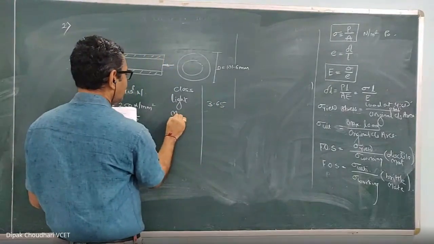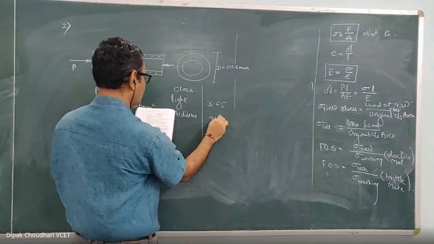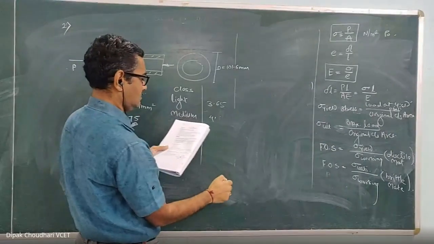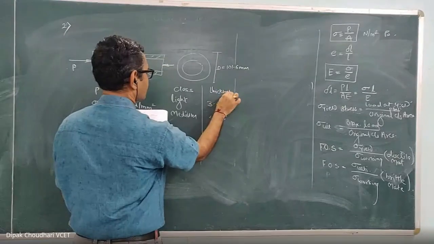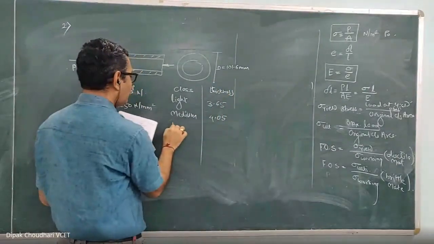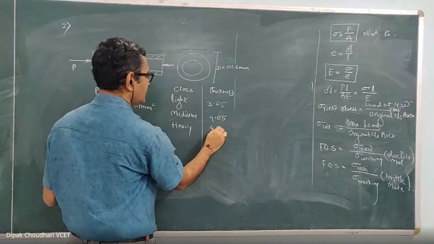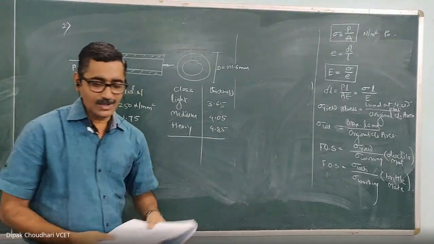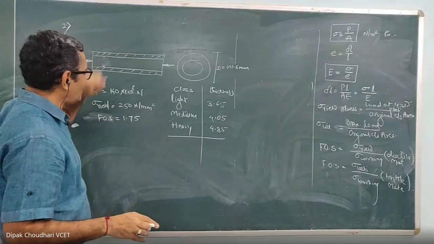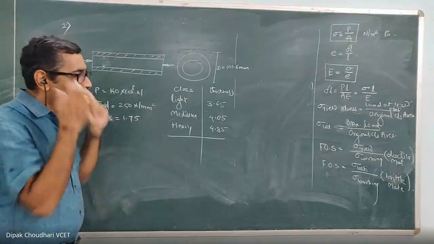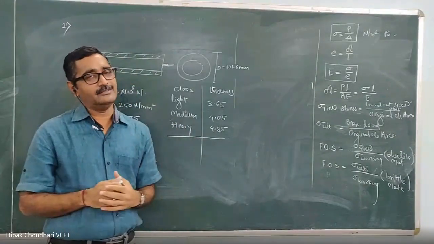Then the medium one, whose thickness is 4.05. And for heavy, it is 4.85. These thicknesses are given. For this particular application, the load is coming on the material, the yield stress is given, corresponding to this factor of safety. You have to recommend which of these 3 tubes you will recommend.